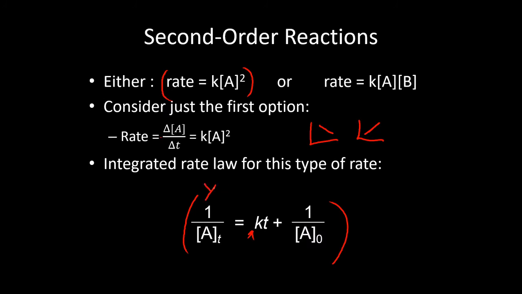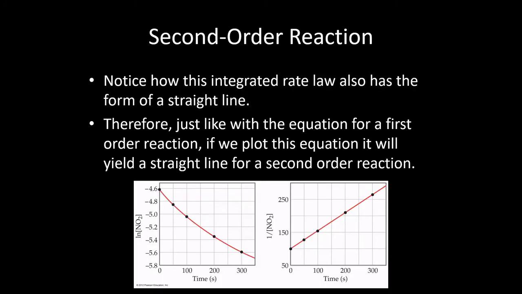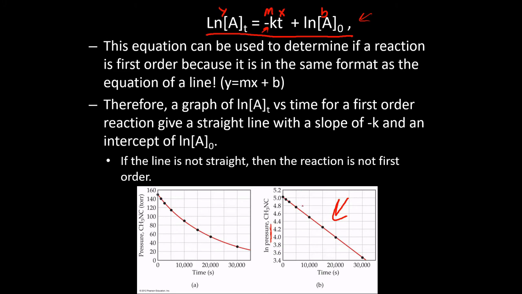So this would be our y is equal to mx plus b. So 1 over the concentration at time t is y, t is x. The slope is once again the rate constant, and 1 over the initial concentration is our intercept. And so just like I said before, you get a positive slope with this second order reaction equation, instead of the negative slope that you always get with first order.